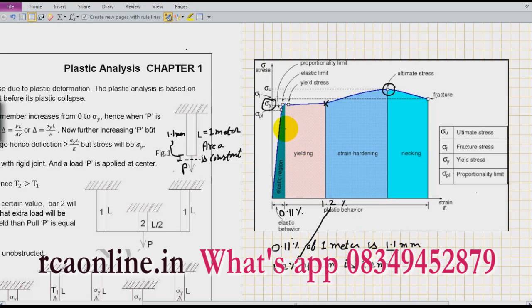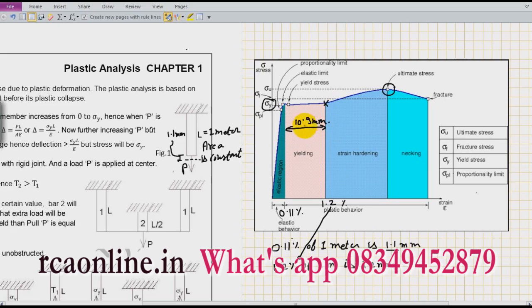So the bar can stretch up to how much value? 10.9 millimeter. So this is the range in which the yielding is taking place.